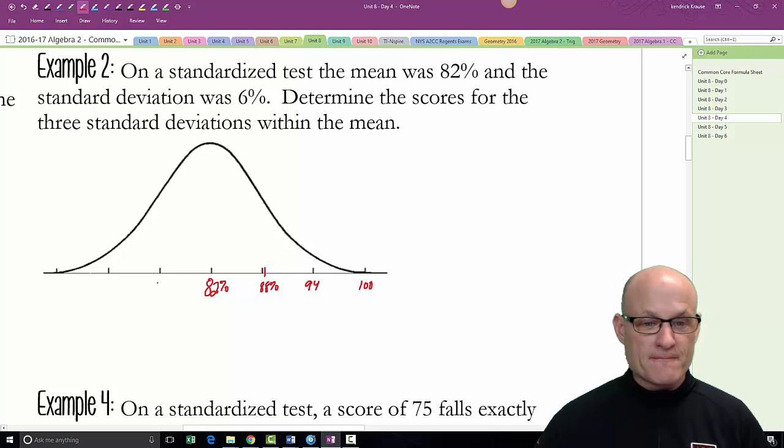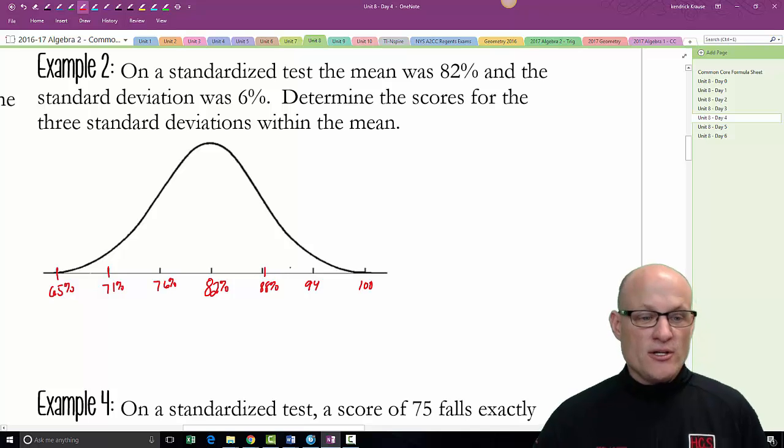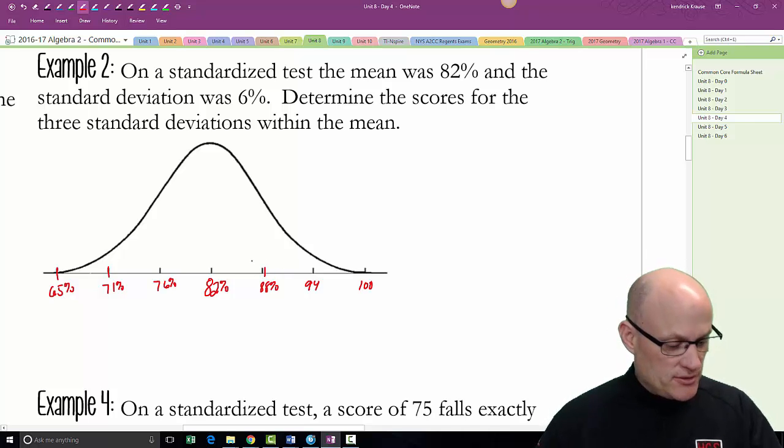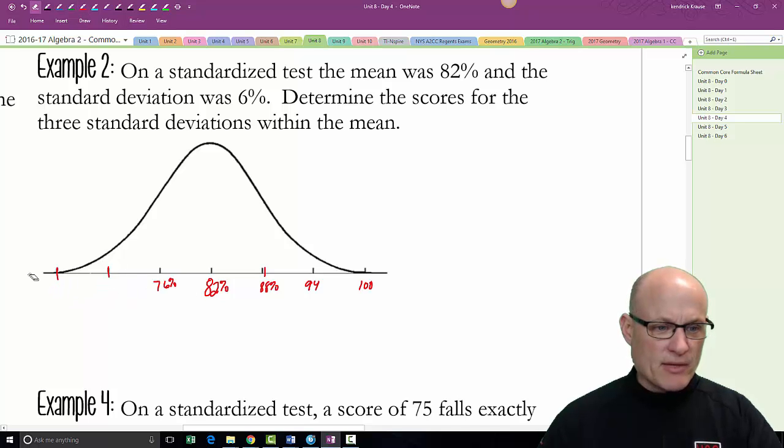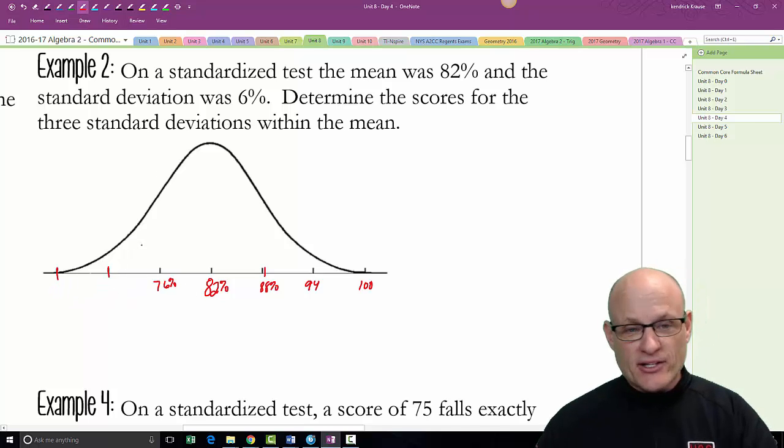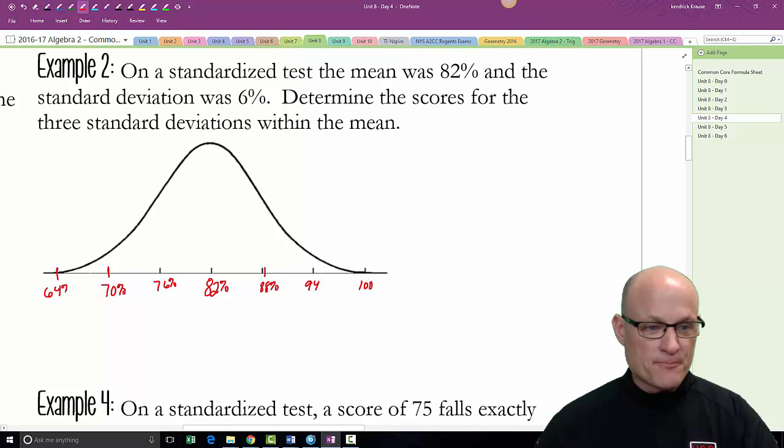Down 6%: 76, 70, 64. Pretty simple stuff. Oh, I don't know why I went 71. I got my head up my keister. Sorry about that. I was expecting it to go to 65. This should be down 6%, 70, down 6%, 64.